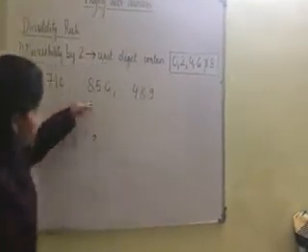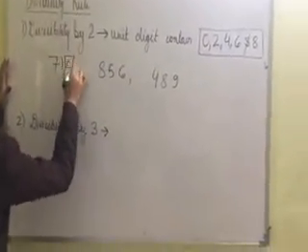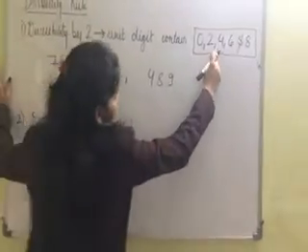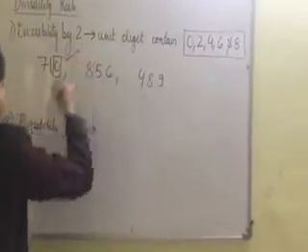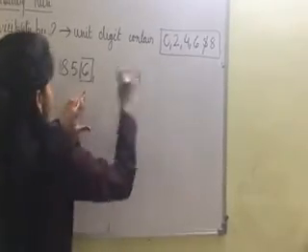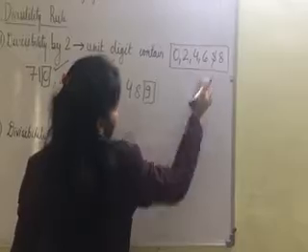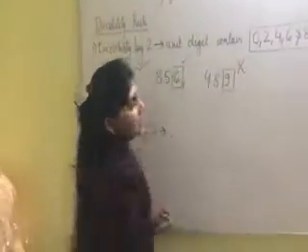Check the divisibility by 2. Here, the unit digit is 0. 0, 2, 4, 6, 8. So, it is divisible by 2. Unit place is 6. Yes, 6 is here. Divisible by 2. Here, unit place is 9. 9 is not here. Means it is not divisible by 2.